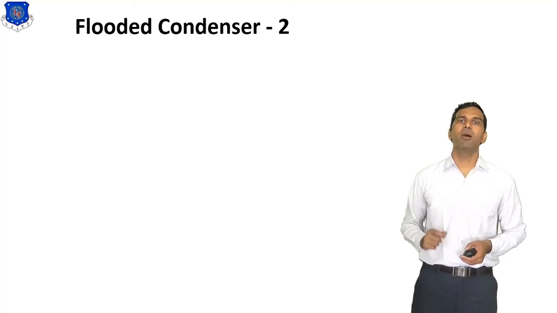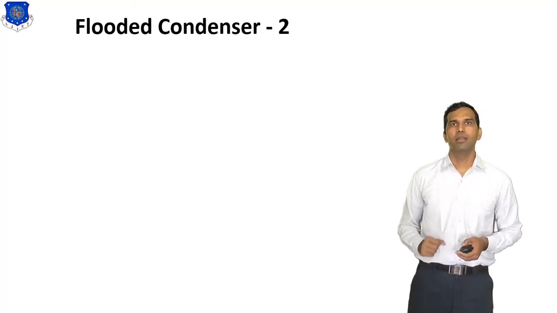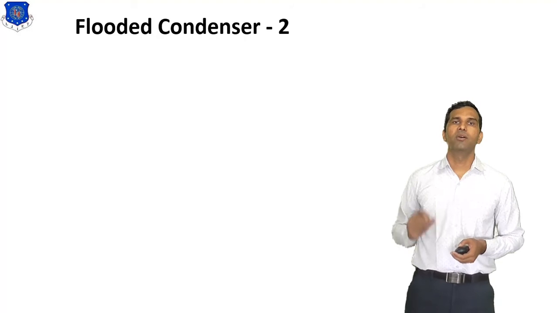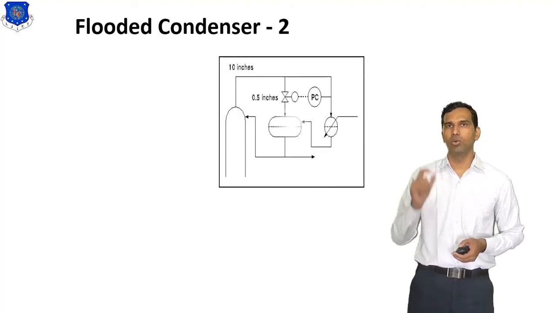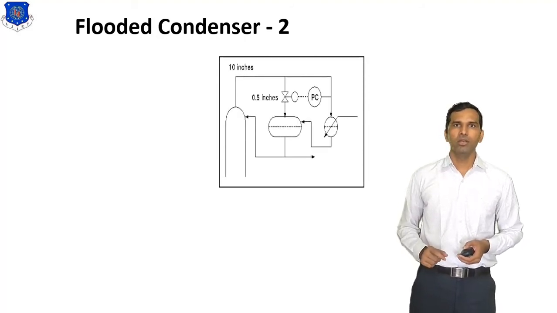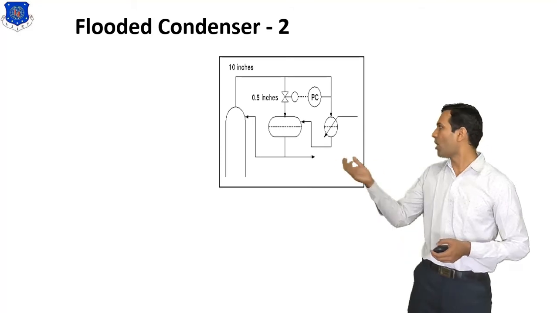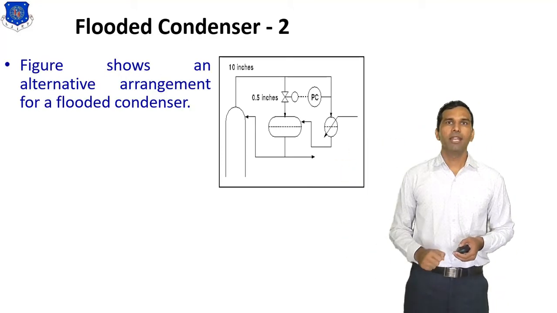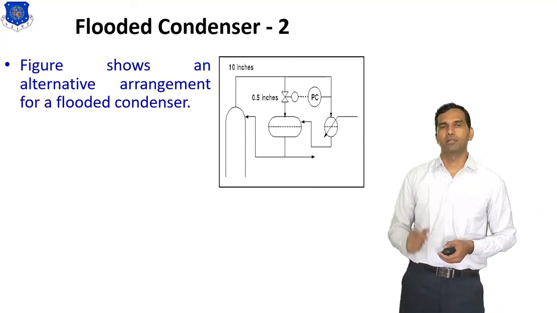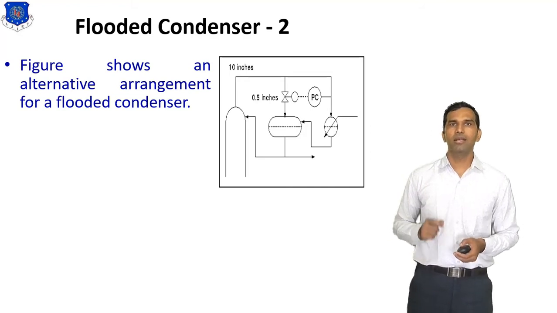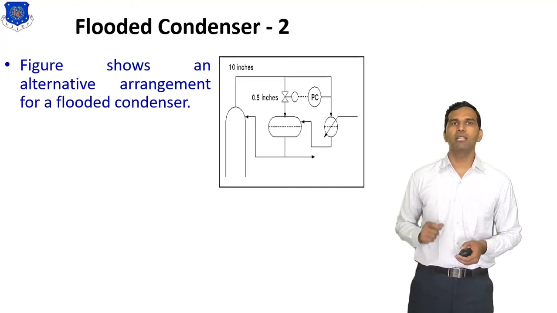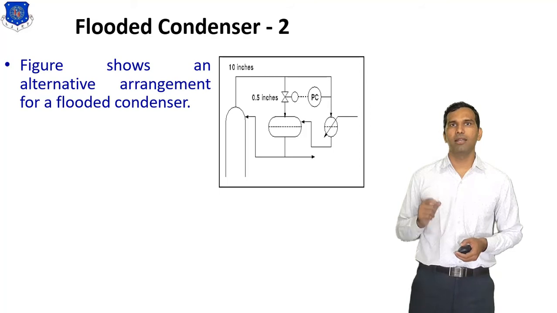Now we discuss another method. The name of this method is flooded condenser 2. See, this is the diagram of this method. Now we understand how it works. The figure shows an alternative arrangement for a flooded condenser.